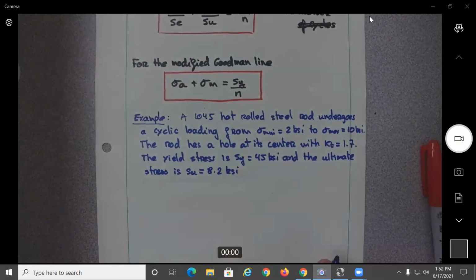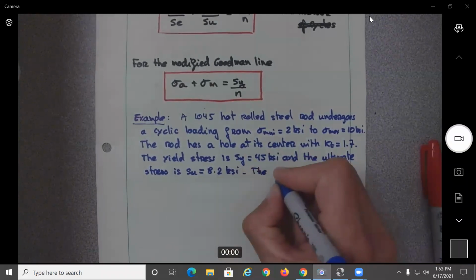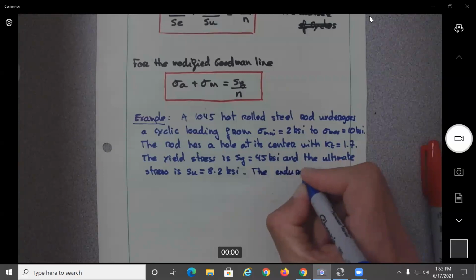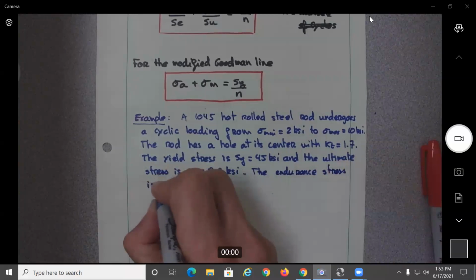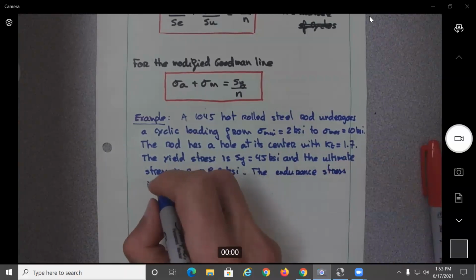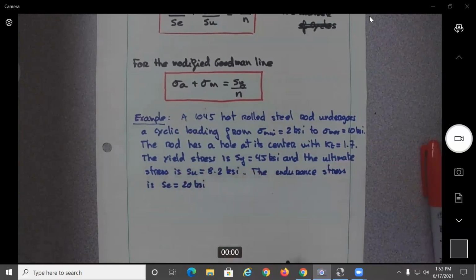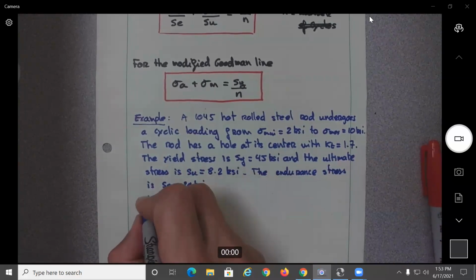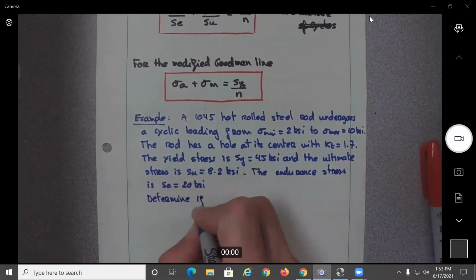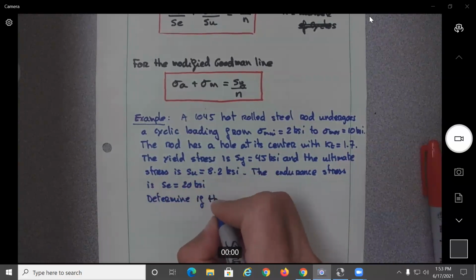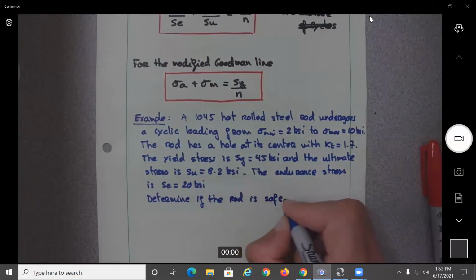And let's say the endurance stress is S sub E equal to 20 KSI. So the question is, determine if the rod is safe or not.